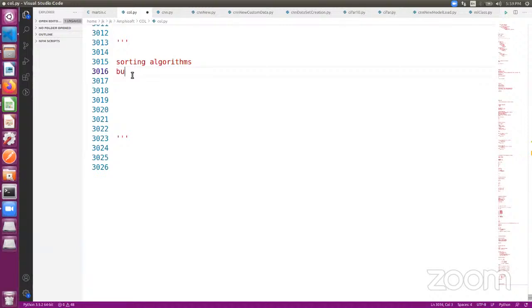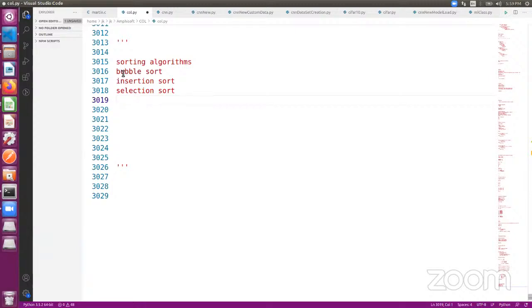One is the bubble sort, insertion sort, selection sort. These 3 algorithms are order of n square algorithms. That's why I grouped them together. And there is one more algorithm that we'll be discussing, which is merge sort. We'll come to that later.